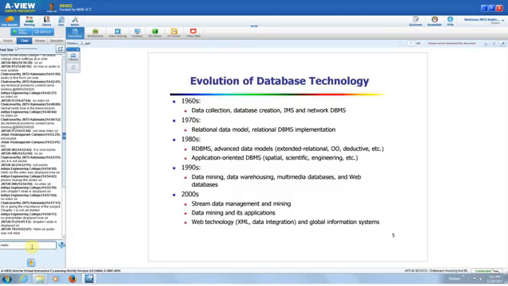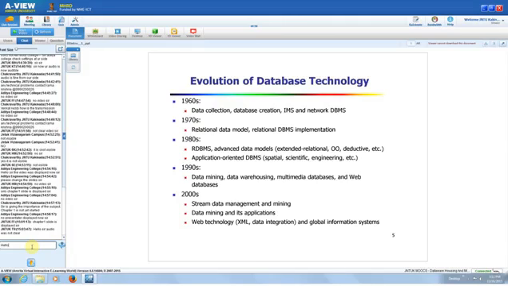So in the 60s, as I said, data collection, database creation, IMS and network databases were there. And in the 70s, the relational data model, which we just discussed. In the 80s, RDBMS and advanced models: extended relational, object oriented, deductive, etc., and application oriented DBMS. Spatial, scientific, engineering.